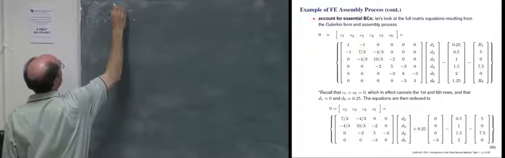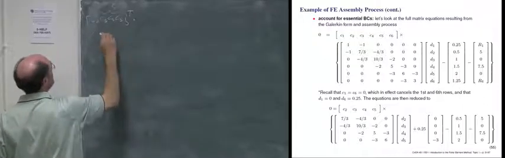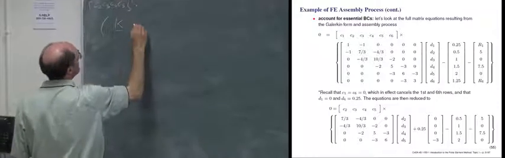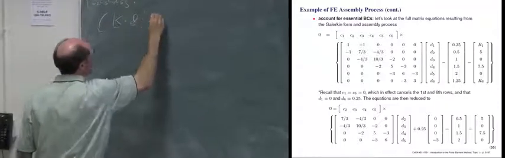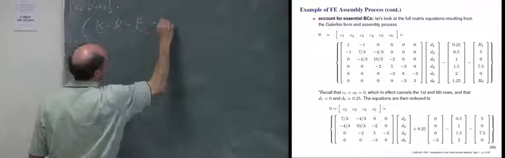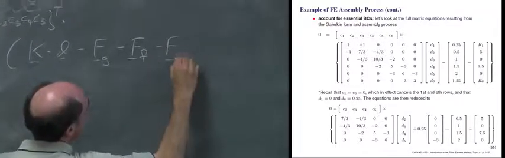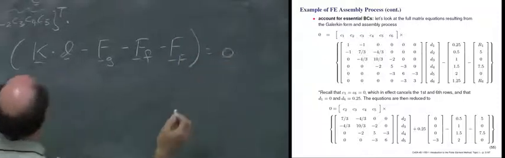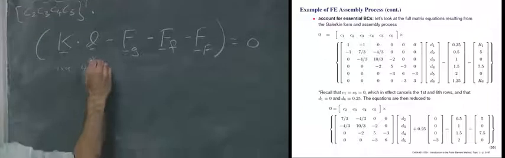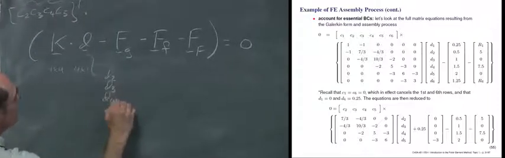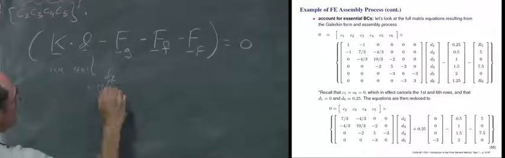This we'll just now call our new C. And then in parentheses, this is our new K, and this is D. And now we have minus Fg, minus capital F, and this all equals 0. So this is now our 4 by 4, and this is our 4 by 1. This guy is D2, D3, D4, D5.